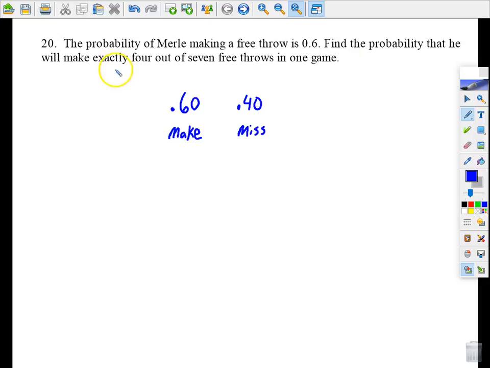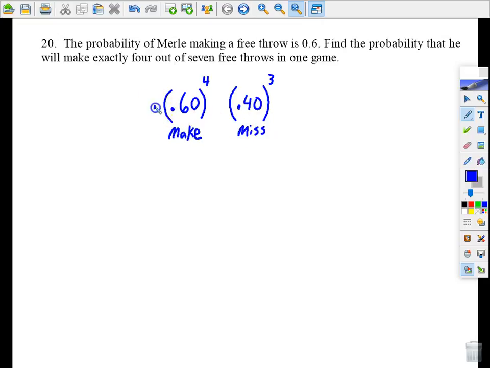What is the likelihood that he will make 4 out of 7? So let's take the make probability and raise it to the 4th power. If he's going to shoot 7 free throws and make 4 of them, that means he's going to have to miss 3 of them. So we'll raise the miss probability to the 3rd power.